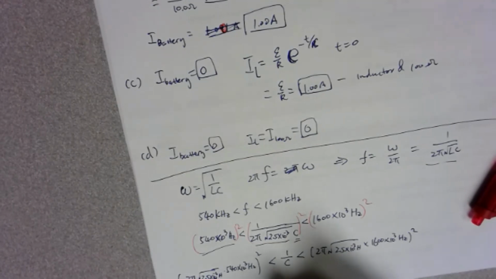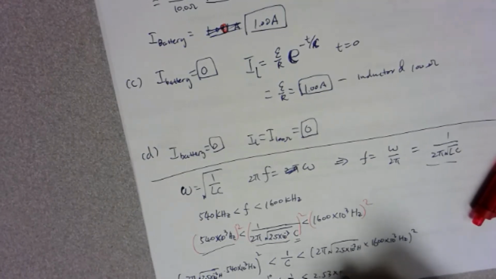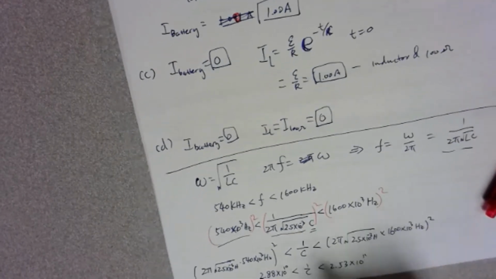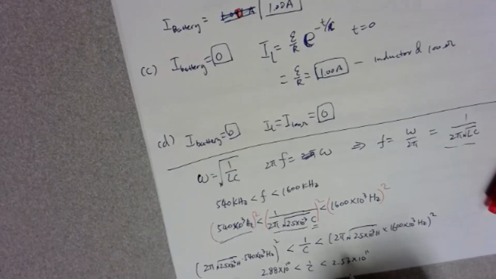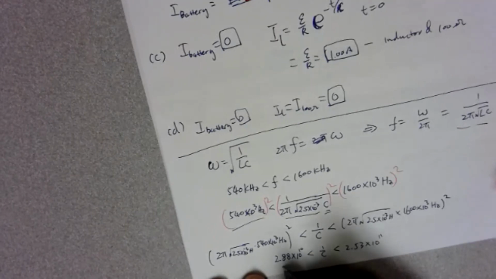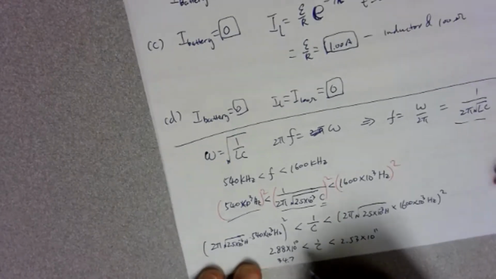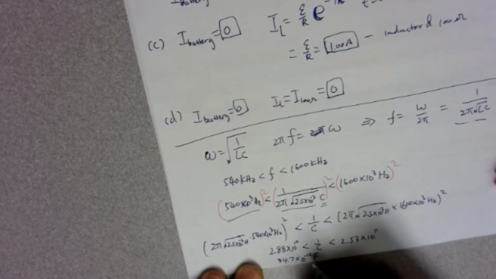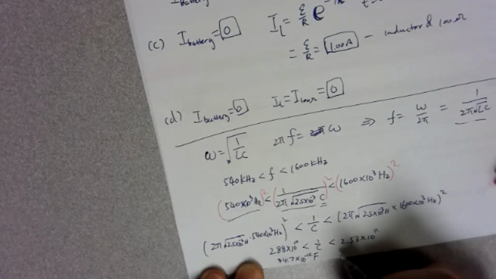2.88 times 10 to the 10th less than 1 over C and less than 2.53 times 10 to the 11. And then you do the inverse. So the inverse of that gives you, on this end, 34.7 times 10 to the minus 12 farad. I played around with the scientific notation. So this is in picofarad, okay? 10 to the minus 12 is pico.